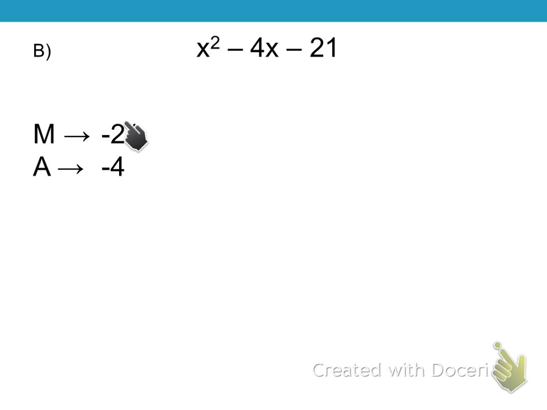So what are, just in general, ways to make a 21 through multiplication? You could do 1 and 21. You could do 7 and 3. 1 and 21 doesn't work, when you add those, you get 22. If you make one of them negative, you would get 20. That's not even close, right?